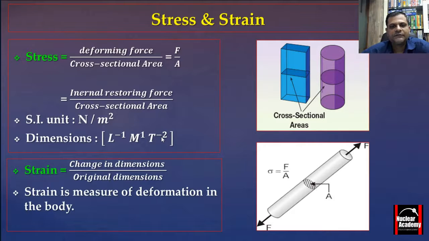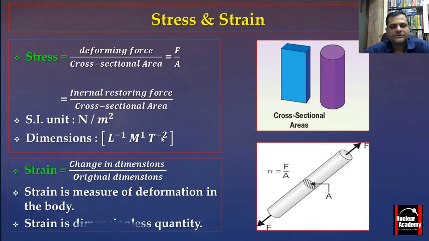This is the definition of strain. It is a measure of deformation in the body. How much deformation is produced in the body is described by the concept of strain. Strain is a dimensionless quantity, as its definition suggests. It is a ratio of two similar quantities, and that's why it is dimensionless and unitless.